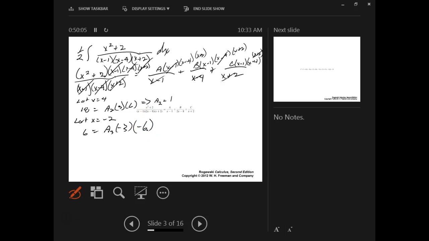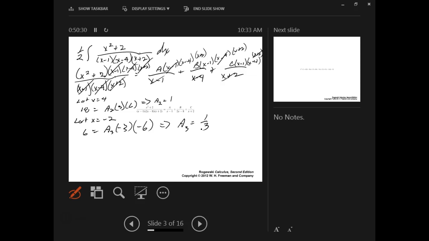So what's A3 or C equal to? 1/3. Yep, 1/3. Because this is a +8, these become plus. So plus and plus. Okay, these go out. Perfect.